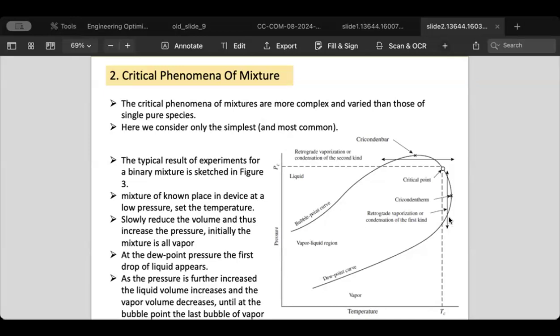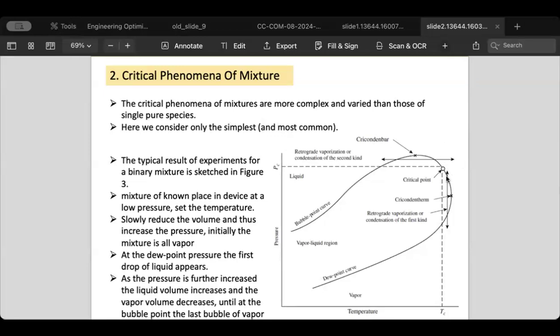Then we increase the pressure and we reach this point, which is the dew point curve. Once we pass the dew point curve, we reach this zone, where we cannot distinguish between vapor and liquid anymore.